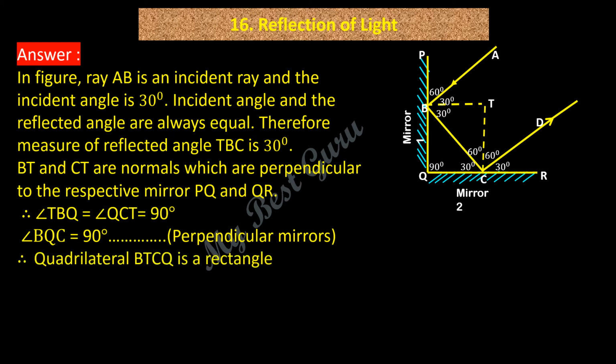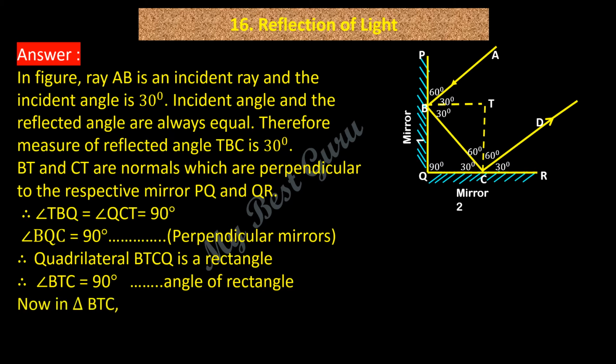Therefore, quadrilateral BTCQ is a rectangle. Therefore, angle BTC is equal to 90 degrees, angle of rectangle. Now, in triangle BTC, measure of angle BCT plus measure of angle TBC plus measure of angle BTC is equal to 180 degrees.